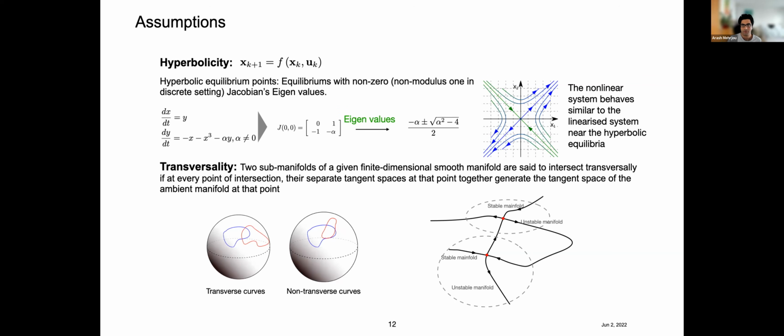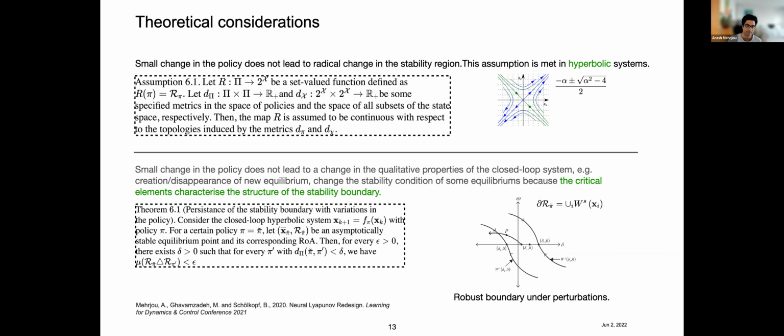But if there is a special system that does not meet these conditions, then using this iterative algorithm has to be done with care, to make sure that the discontinuity of the map from the policy to the region of attraction does not break the smooth accumulation of knowledge which is distilled within the neural network.